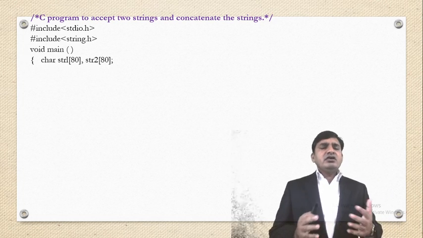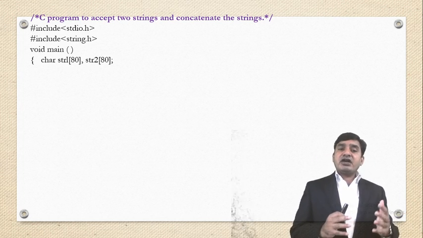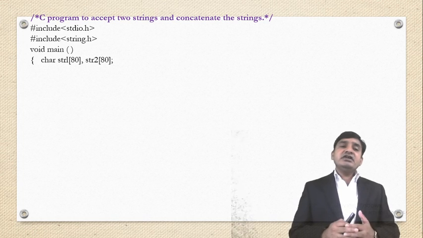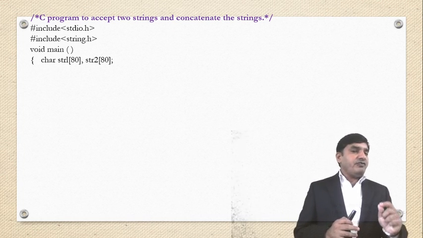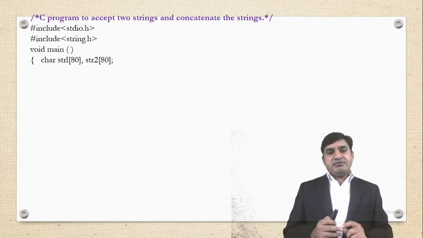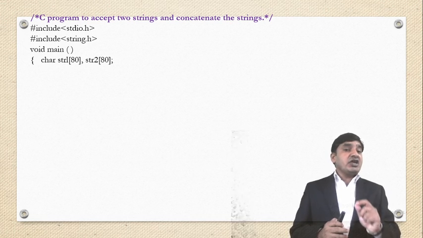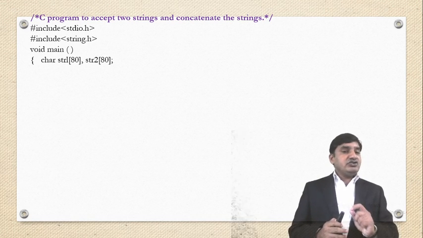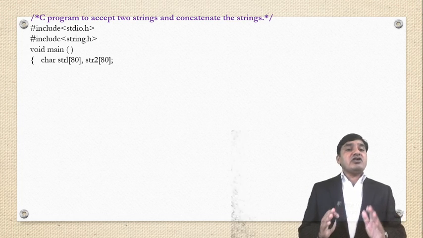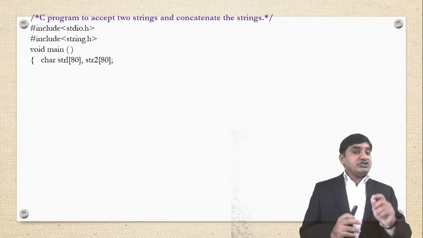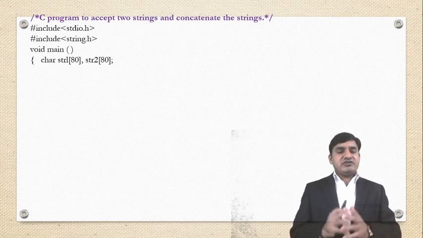Then the body of a program is in a pair of curly brackets, and therefore this is the opening curly bracket. Char is the type of the array, a character type. str1 means string 1. str1, this is the name of an array. 80 is the size of the first array.